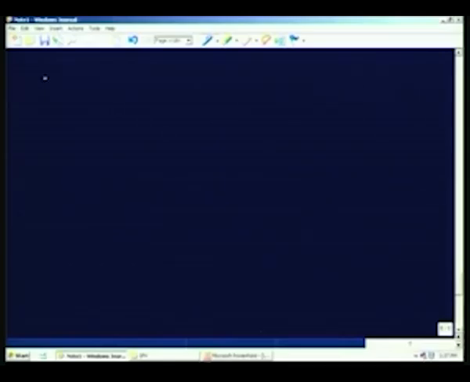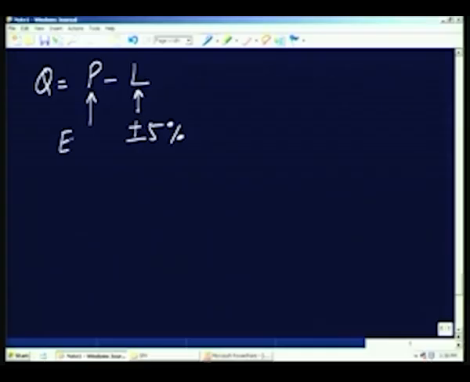We also know that Q is equal to P minus L, and this has a plus or minus 5% specification. P has an error because we have an error in the value of the voltage which is measured.